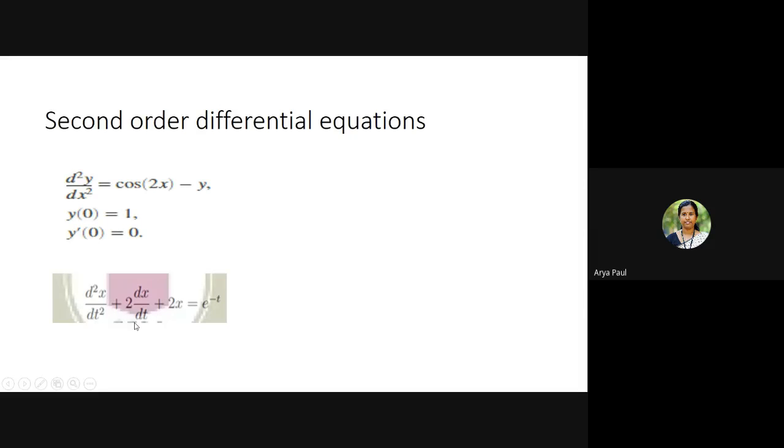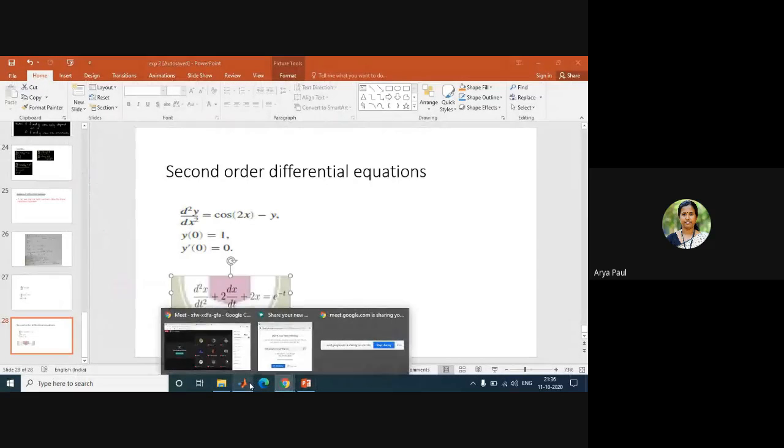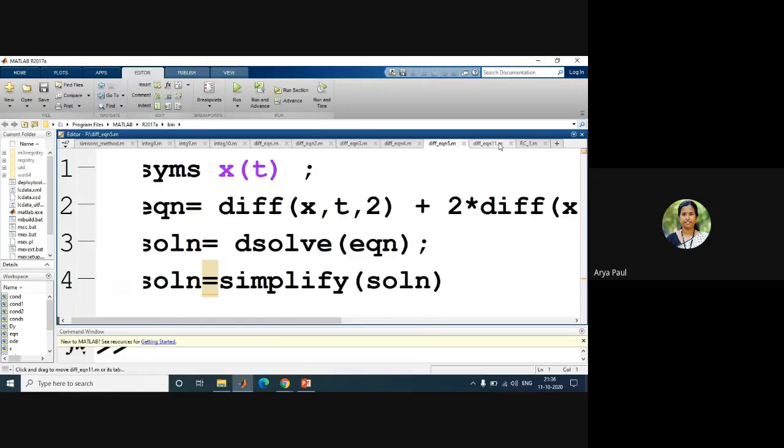This is a second order differential equation. T is the independent variable, and you must solve and find the value of x. In a similar fashion you can solve that also.